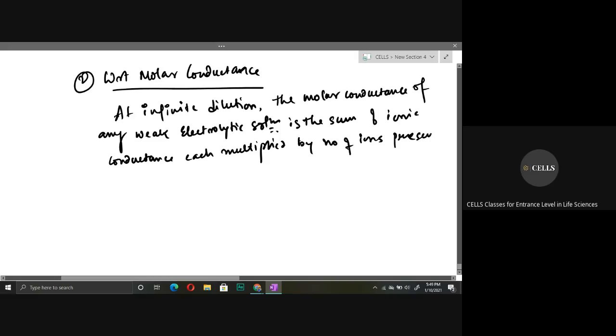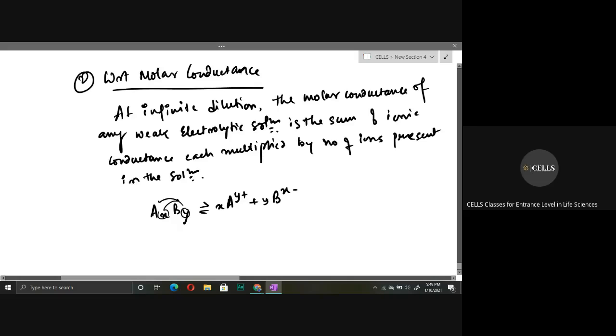I will explain what it is saying. Suppose you have this electrolyte, AxBy. It will dissociate in this form, right? The valencies come from the charge, we know that. So it will be x amount of A having charge y plus, and y amount of B having charge x minus.